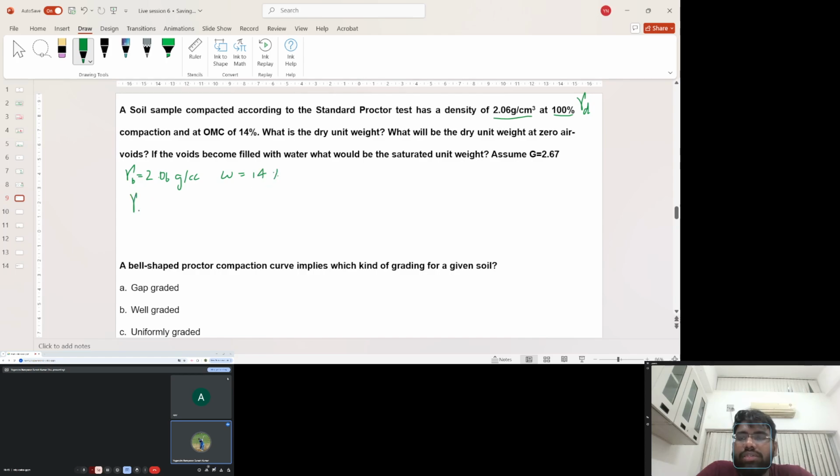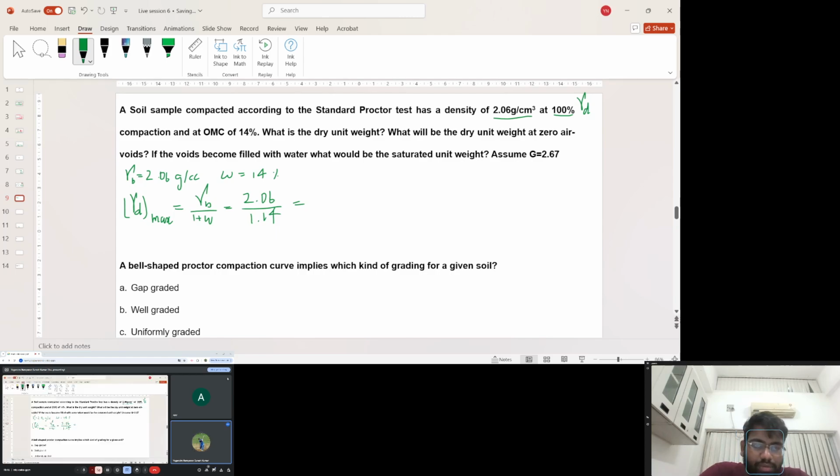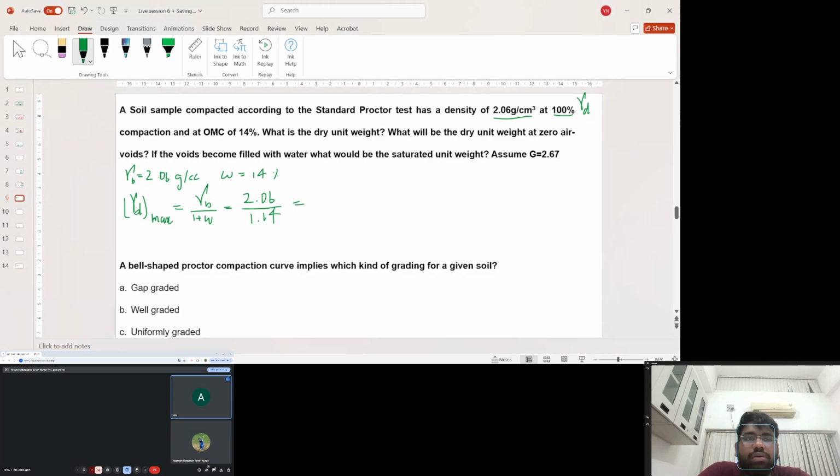Now gamma d max is gamma bulk divided by 1 plus w, which is 2.06 divided by 1.14. How much are we getting? 18.1 kilonewton per meter cube. Otherwise, 1.81 gram per cc.